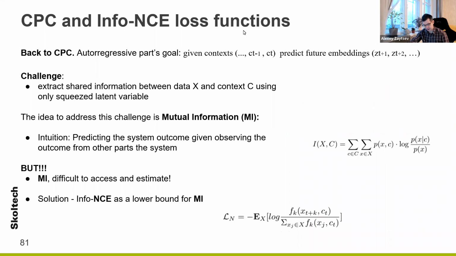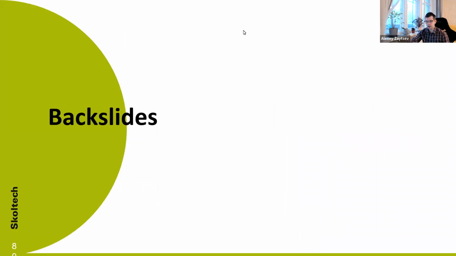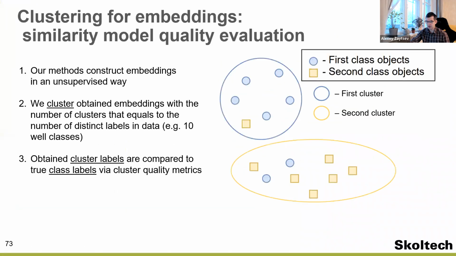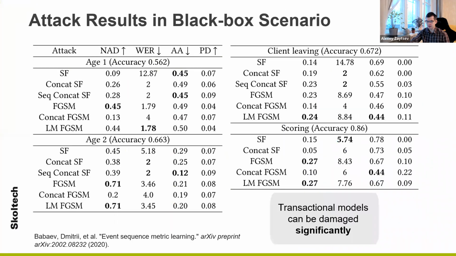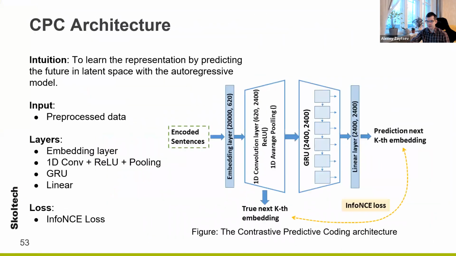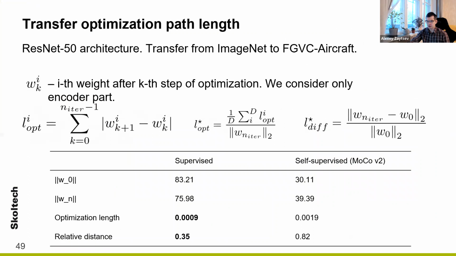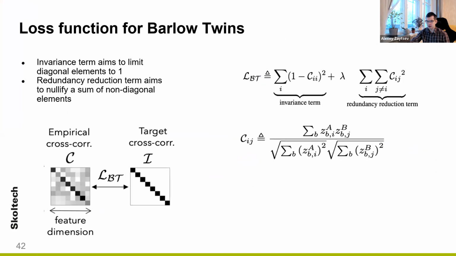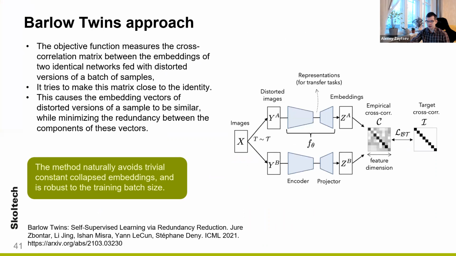And as we had some time to talk about self-supervised models, I also want to put some emphasis on another approach related to self-supervised learning and to the recent SOTA results, Barlow Twins.